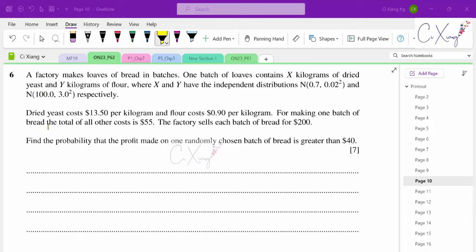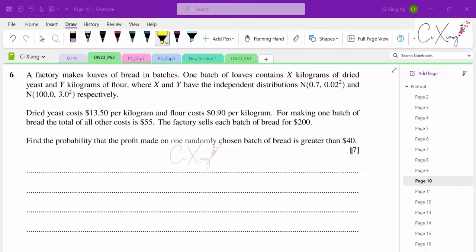Okay, then the dry yeast costs 13.5 per kilogram, flour costs 0.90 per kilogram. For making one batch of bread, the total of other costs is 55. Alright, then the factory sells each batch of bread for 200. Then find the probability that the profit made on one randomly chosen batch of bread is greater than 40.